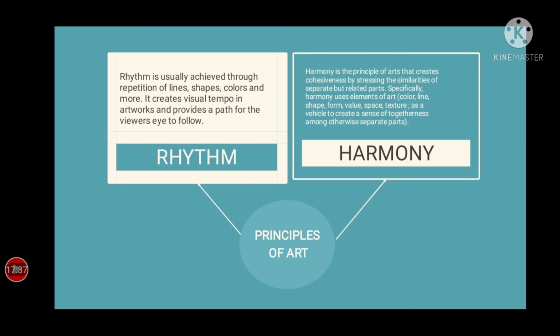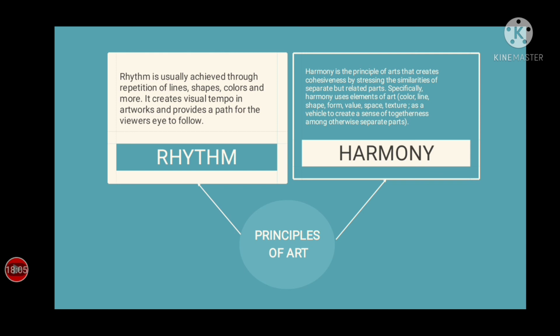While harmony is the principle of art that creates cohesiveness by stressing the similarities of separate but related parts. Specifically, harmony uses elements of art such as color, line, shape, form, value, space, and texture as a vehicle to create a sense of togetherness among otherwise separate parts.